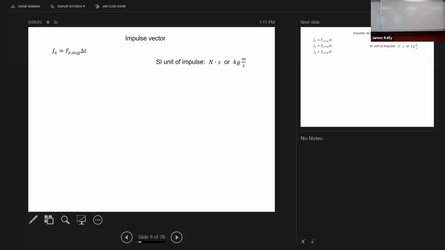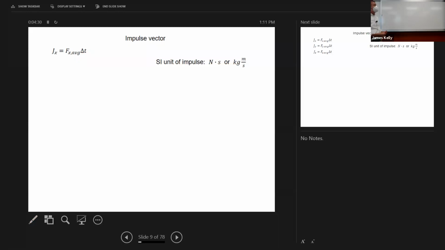It's actually a pretty simple thing to calculate. It's motivated by that idea that the area under the F versus t curve, we're just going to calculate by reforming it into a rectangle. If we're plotting the force x component as a function of t, the area under the rectangle would just be Fx average times delta t. We're going to define that to be the x component of the impulse.